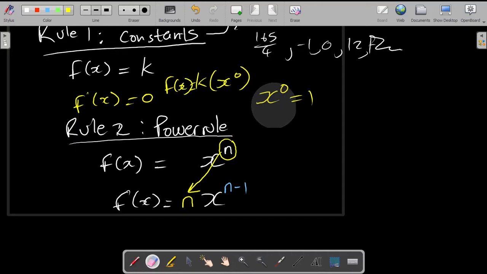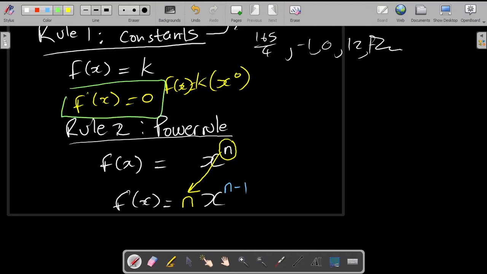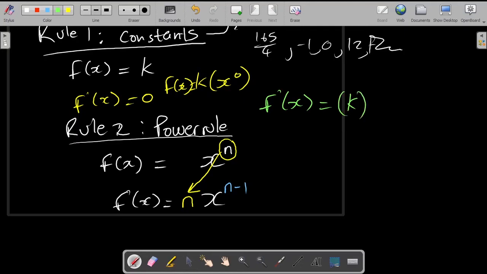This is just me proving how we got to this conclusion. If you have k, which is a constant, multiplied by x to the 0, and you apply the power rule, your derivative is k multiplied by the power of your variable, which is 0. Then you subtract 1 from the power and have -1.